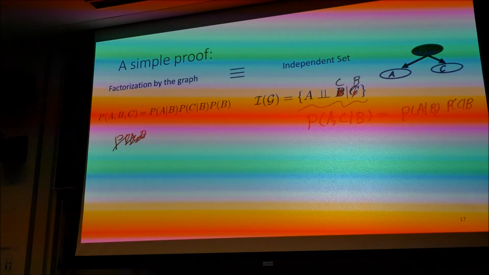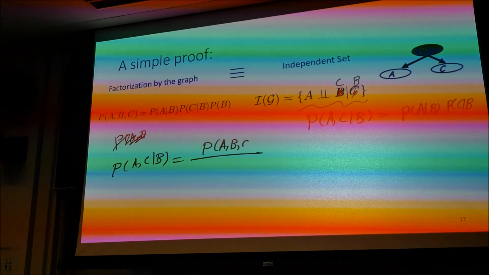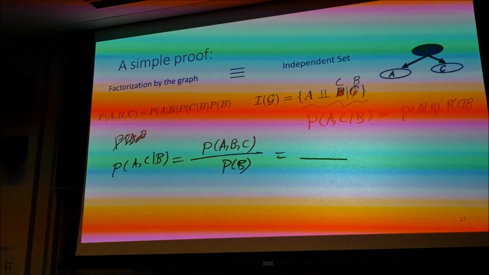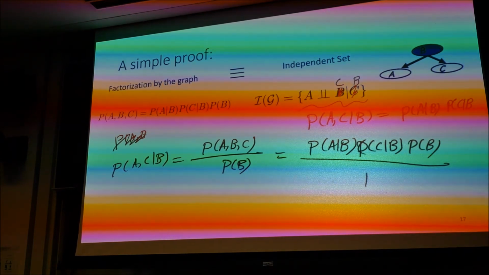So the left hand side, by Bayes rule, I can write P of A, C given B as P of A, B, C divided by P of B. And I can substitute that in from the factorization on the top, P of A, P of B given A and C, and P of C, divided by P of B, and like that, right?